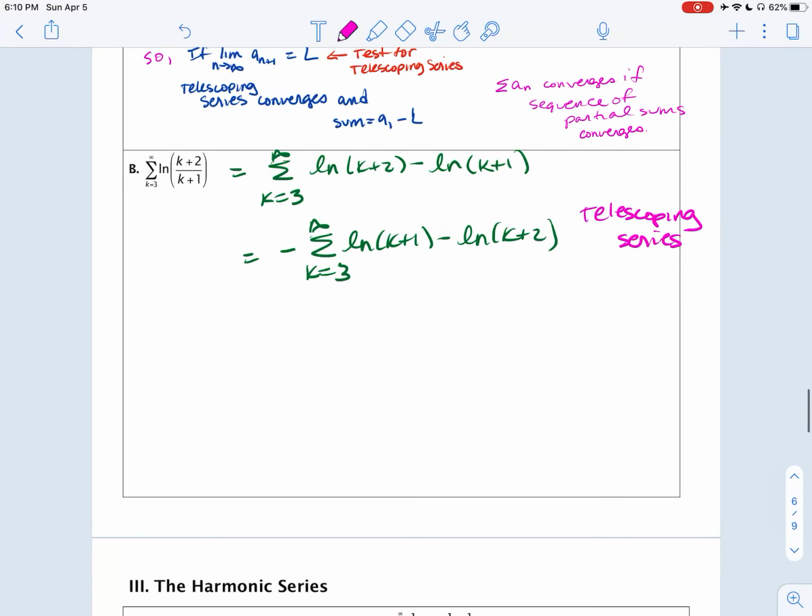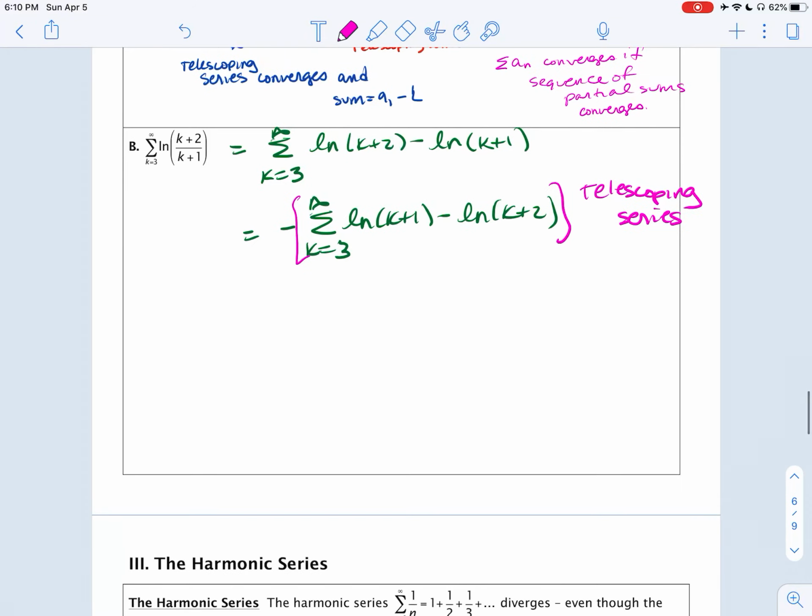And we can then take our limit as k goes to infinity of ln of k plus 2. And we see that that's going to the ln of infinity plus 2, which is going to infinity. So the limit does not exist.